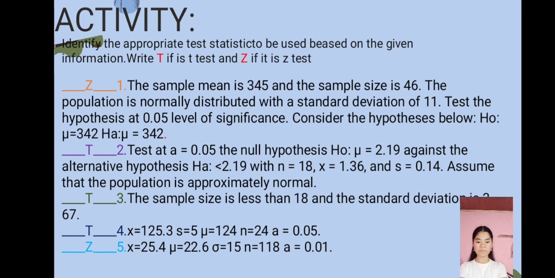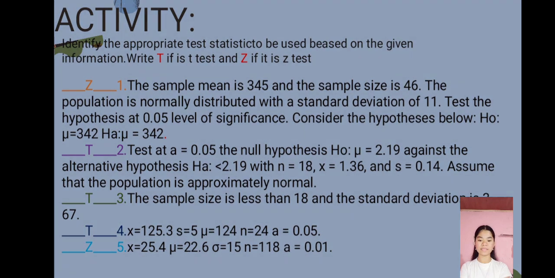Since the sample size is less than 30 and the sample standard deviation is given, this is t-test. For number 4, since the sample size is lower than 30, this is t-test. And for number 5, the standard deviation is given and the sample size is 118, so it is z-test.